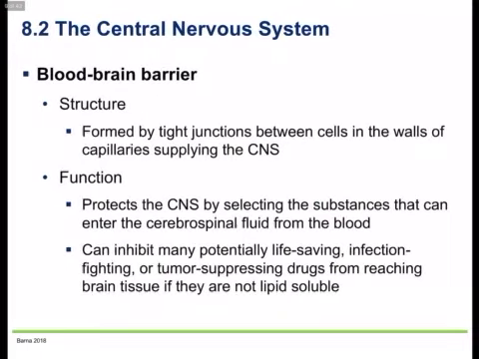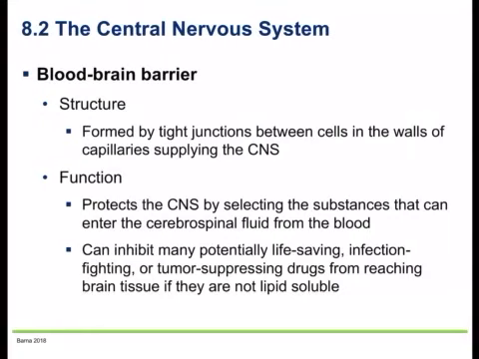Now, the blood-brain barrier, so the capillaries that go to your brain, there are very tight junctions, which when you think of tight junction, you think of an almost impermeable barrier. This blood-brain barrier basically says when the blood delivers plasma with nutrients to your brain, there is this selective filter that says this can go in and this cannot go in.